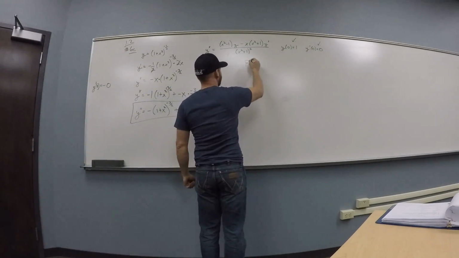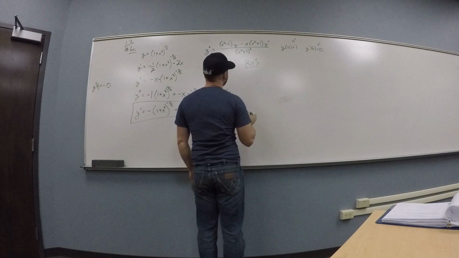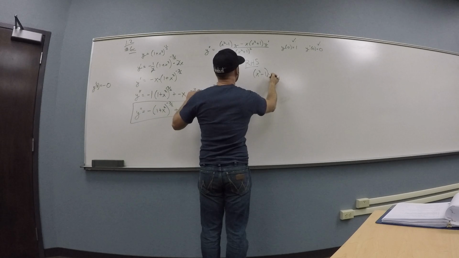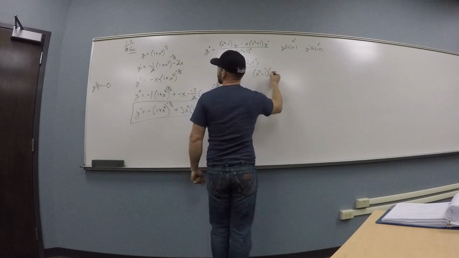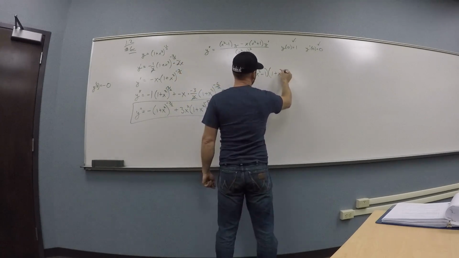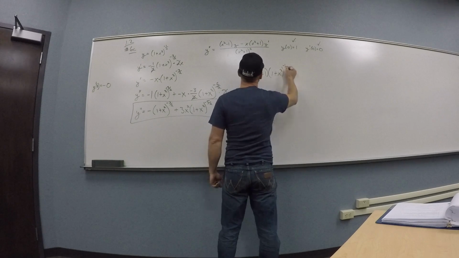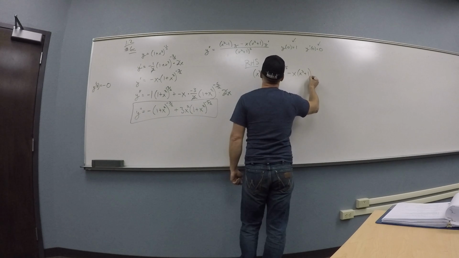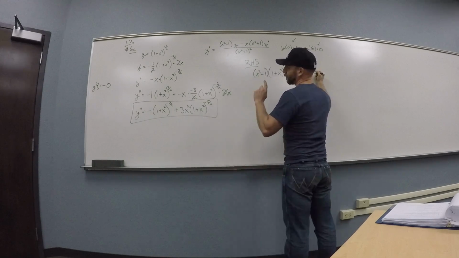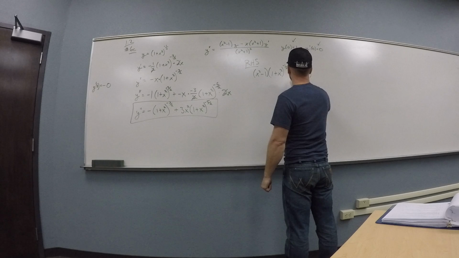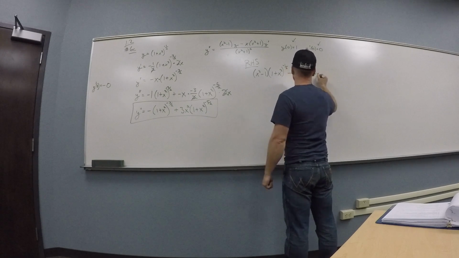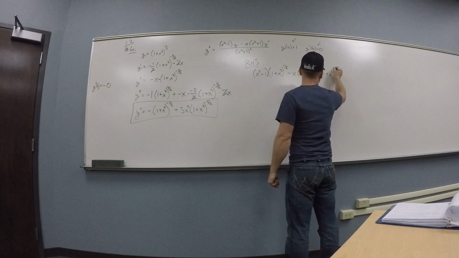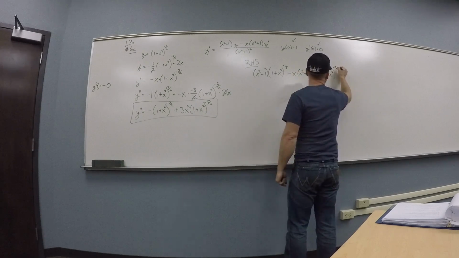So I'm going to start with the right-hand side and see if I can get it to be that. So I got x squared minus 1 times y, times 1 plus x squared to the minus 1/2. Then I have a minus x times x squared plus 1 times y prime, which is negative x times 1 plus x squared to the minus 3/2.